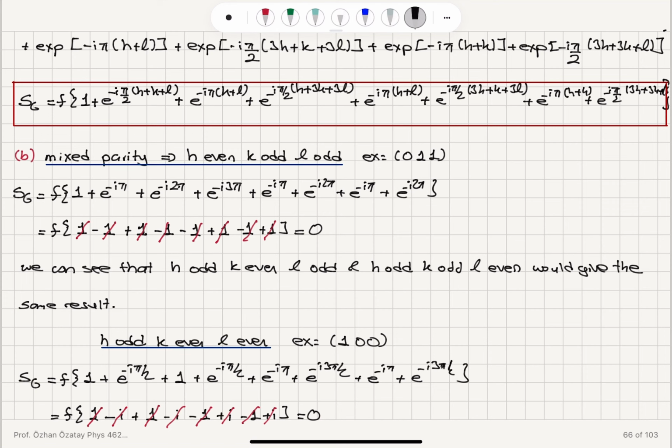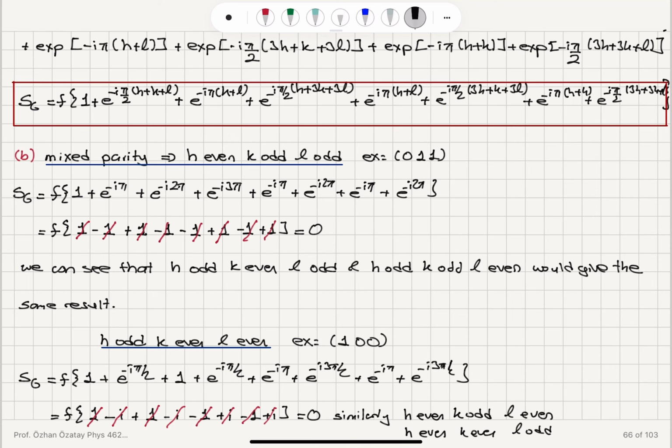So a similar result would hold for H even, K odd, L even, and H even, K even, L odd.